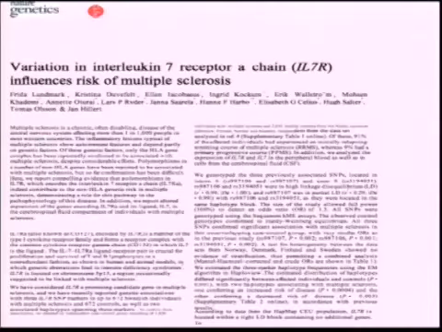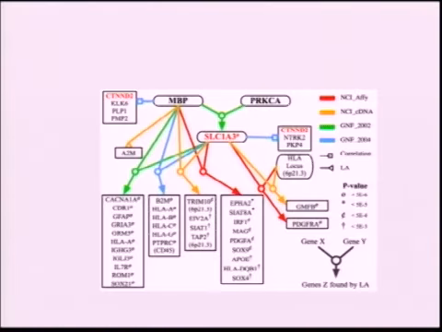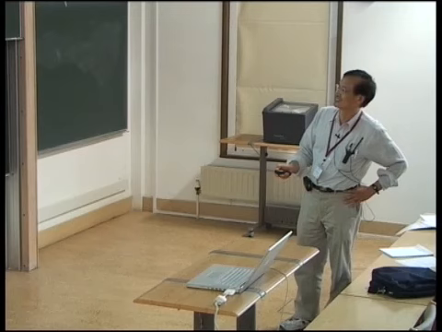IL7R. Now, this gene sounds familiar to me, although I did this a long time ago. If you look hard on this, where is IL7R? Got to be somewhere. Right here. Yeah.